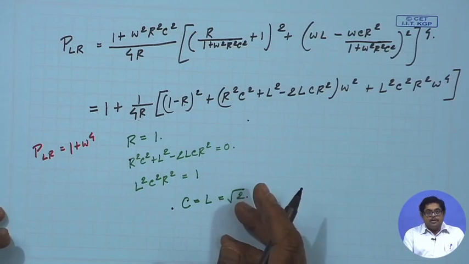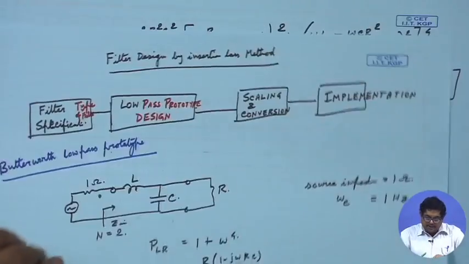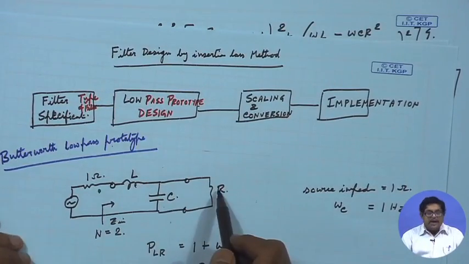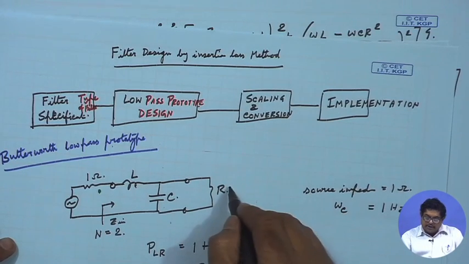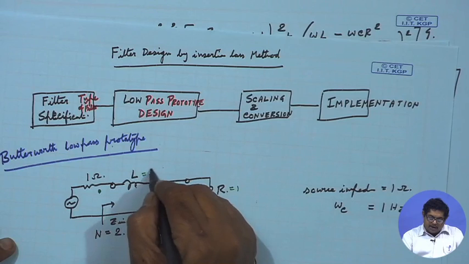I have solved it, because in my assumed circuit there were unknowns L, C and R. I have found that R is equal to 1, C is equal to root 2 and L is equal to root 2.